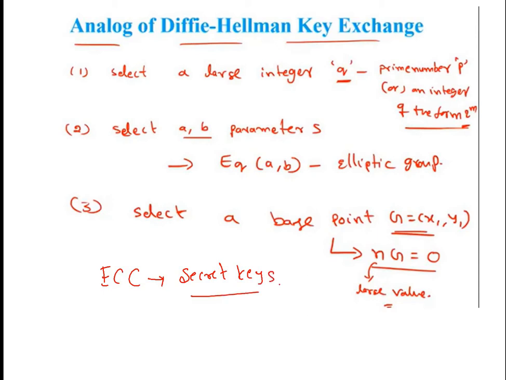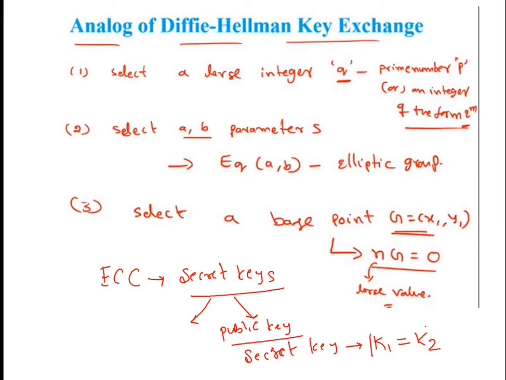Here, what we do is exchange the public keys between sender and receiver, and then we calculate the secret key. If the sender's secret key and the receiver's secret key are both the same, then we call it keys are exchanged.